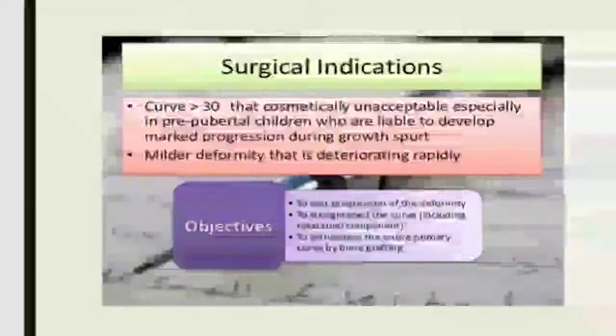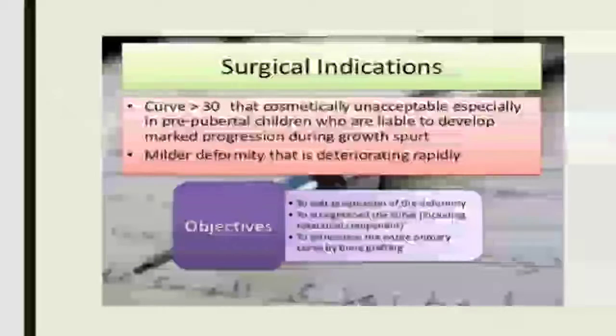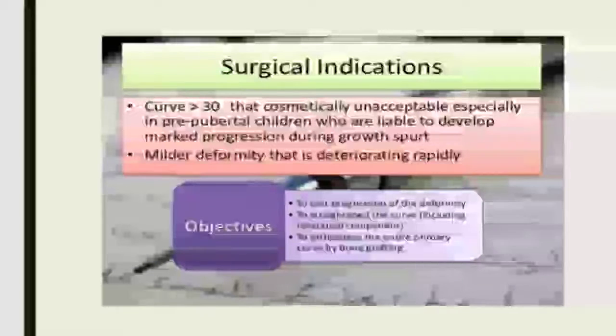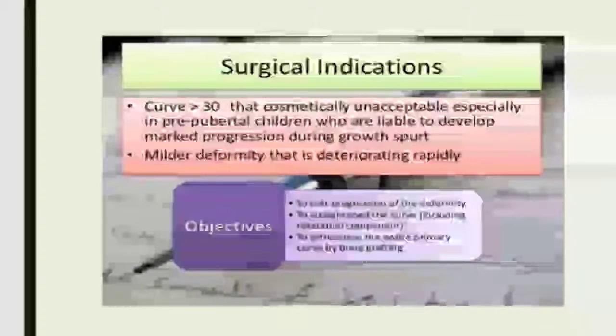Surgical indications: a curve of more than 30 degrees that is cosmetically unacceptable, especially in prepubertal children who are liable to develop marked progression during the growth spurt; or a milder deformity that is deteriorating rapidly.